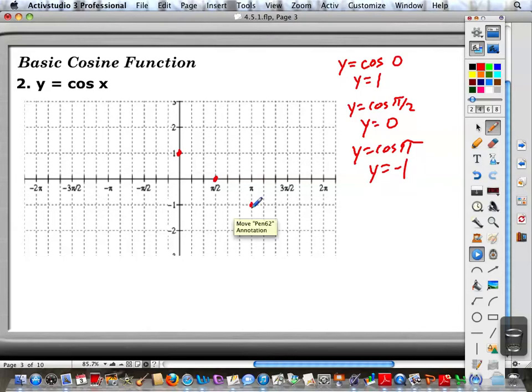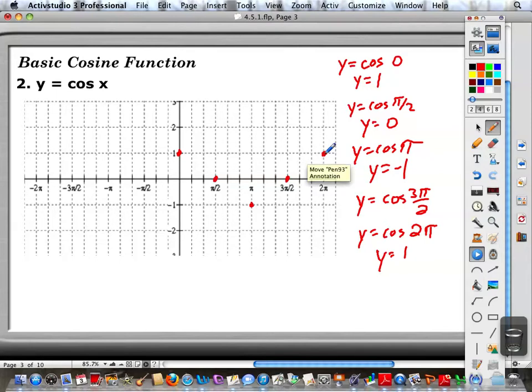Hopefully you're starting to see the pattern that's developing. If I put in 3 pi over 2, that's on the negative y-axis. The cosine is the x value, so that's a 0. And when I come back around and get to 2 pi, I'm back on the positive x, so I'm back at positive 1. So the cosine graph for one revolution looks something like this.